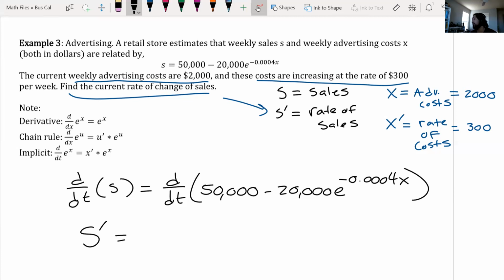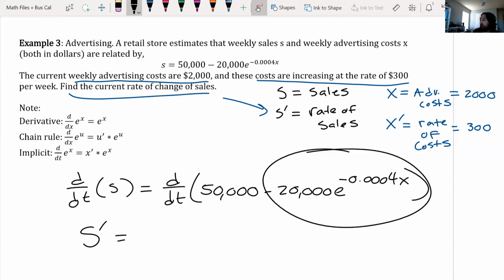And then d over dt of 50,000 is 0. So we have a little bit of our work cut out for us for 20,000 e to the negative 0.0004x. And that's where we are now going to have to take an implicit chain rule derivative, which is what we're going to use right there from the notes.